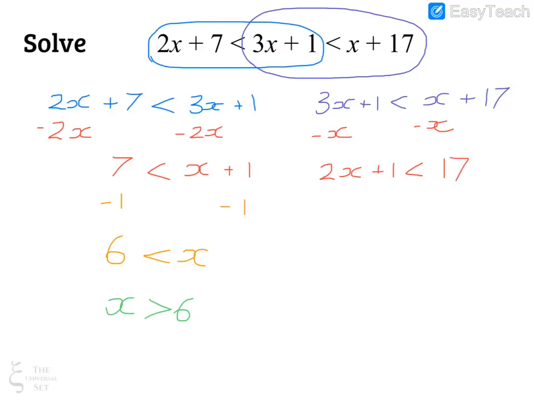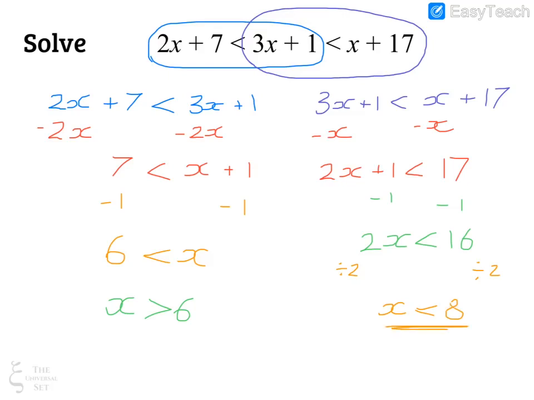We want now to get rid of this 1, so I'm subtracting 1, subtract 1, subtract 1, and that's going to give me 2x is less than 16. Final step then, we're going to have to divide by 2 over here, and we're going to do the same over here, which leaves me with x being less than 8. X has to be less than 8.